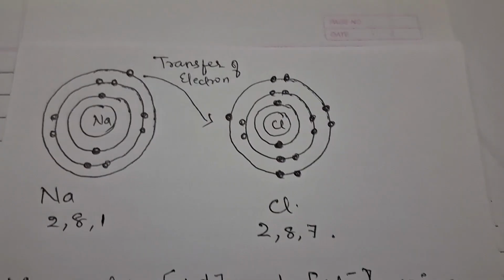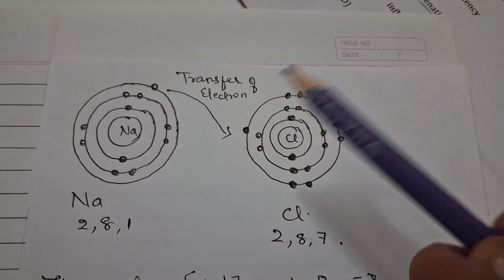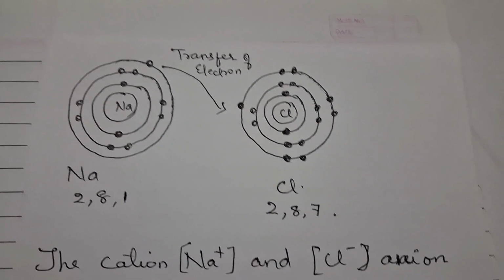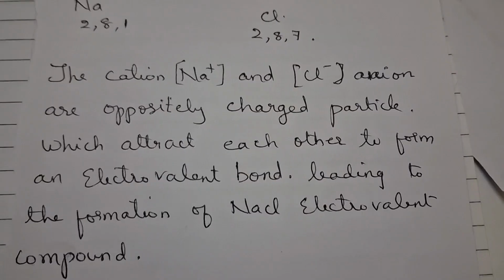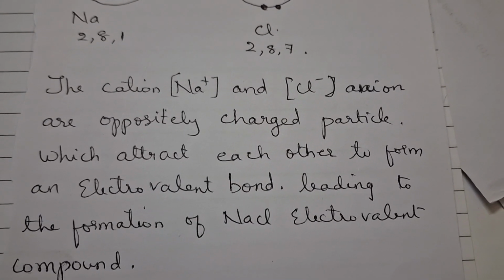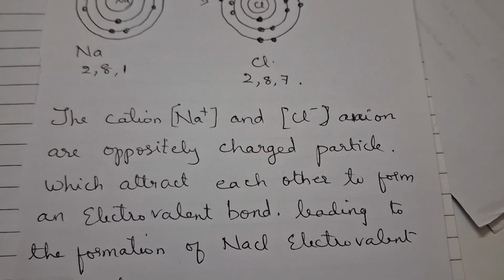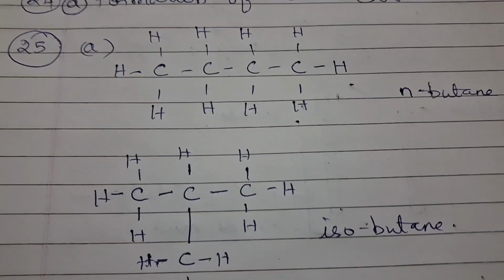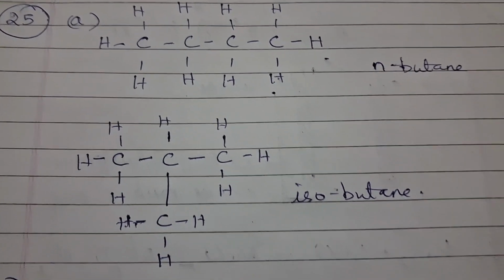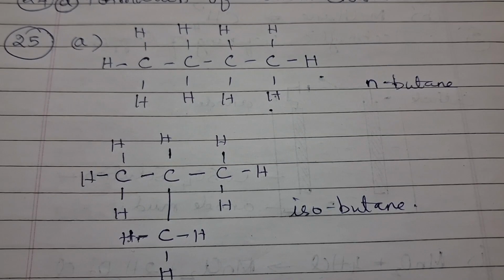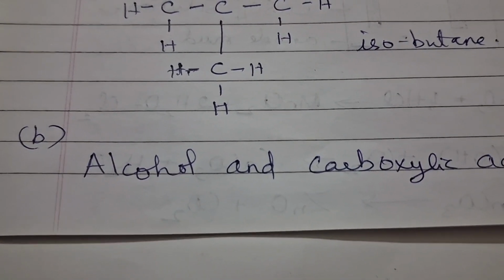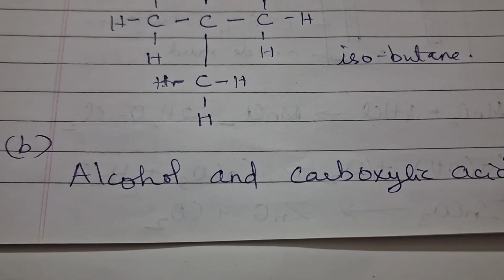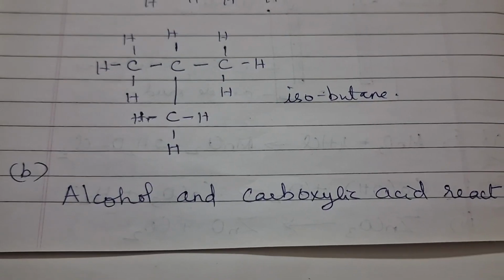In this diagram, you have to mention the transfer of electrons. This should be mentioned. It is important. And this explanation is enough. 3 marks question. Next is the 25th question, structure of butane and isobutane. Next B question is esterification, alcohol and carboxylic acid reaction.